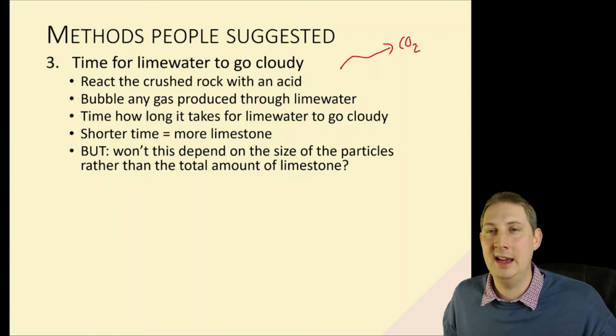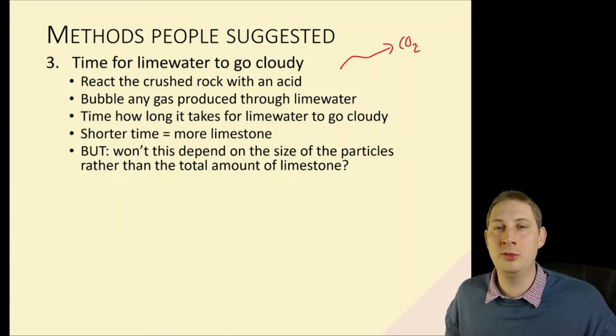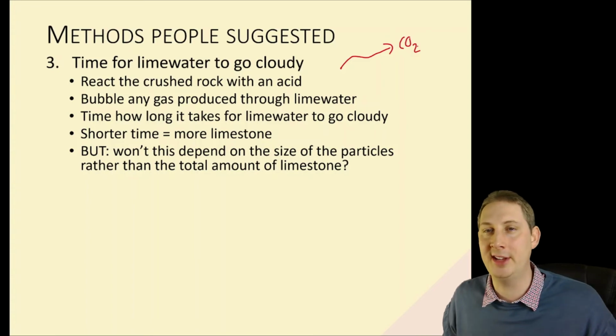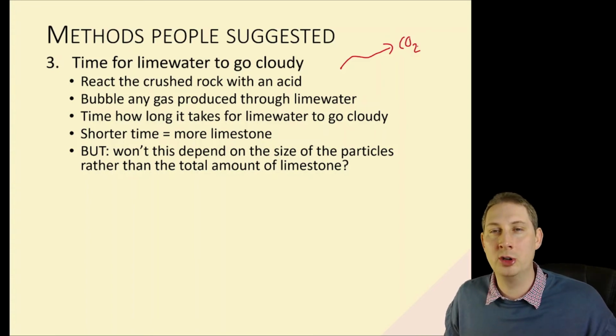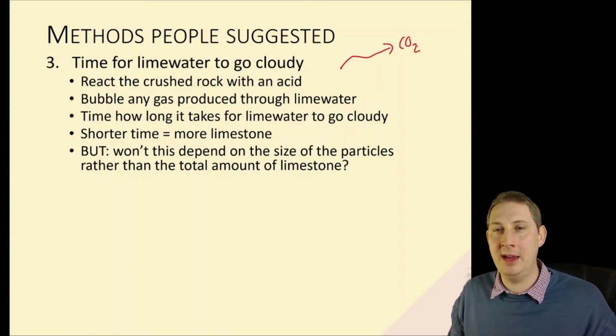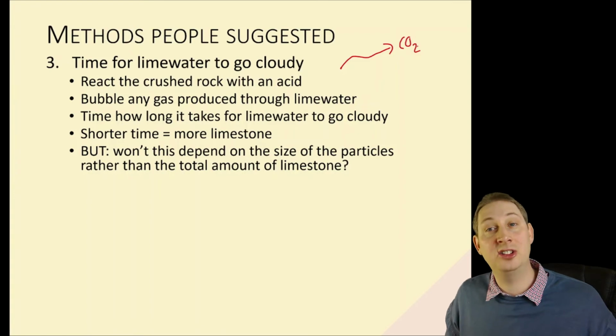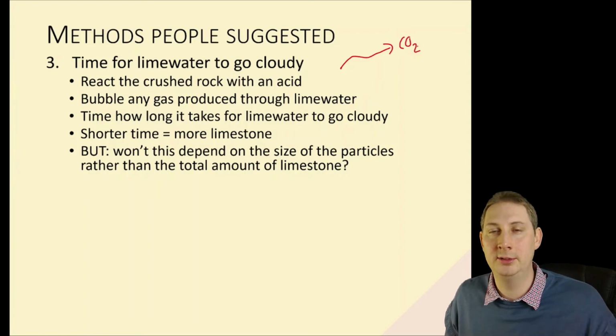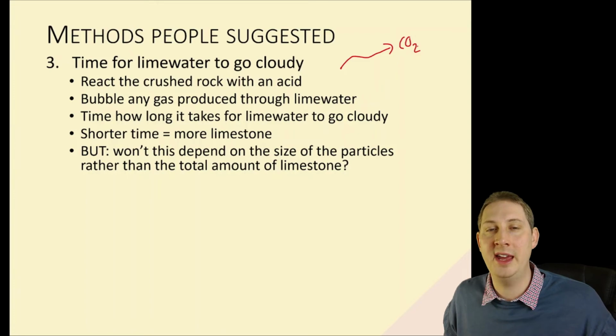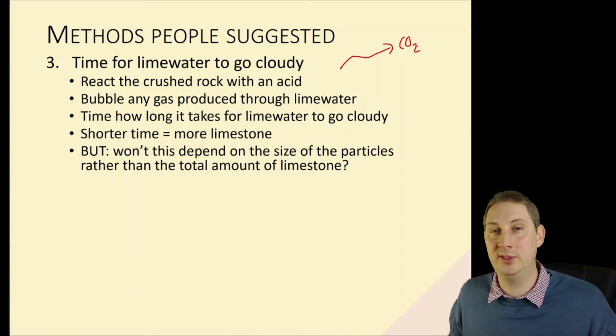But the danger here is actually you're not measuring the amount of limestone in the rock, you're just measuring how fast that limestone reacts. So it may be that another sample reacts slower but has more limestone, and your experiment, if you did this, won't detect that. It will just detect which limestone reacts fastest. So you're going to have to come up with a method that makes sure you're measuring the amount of limestone and not just how fast it reacts.